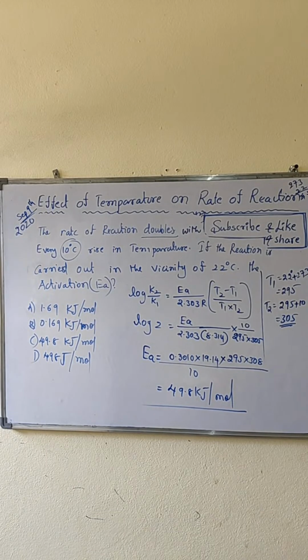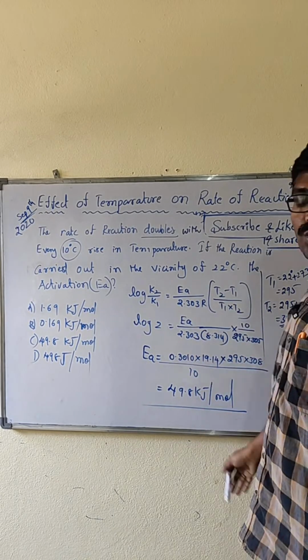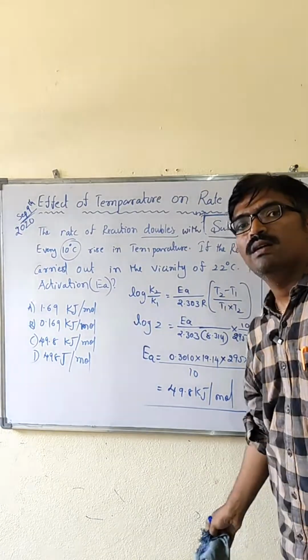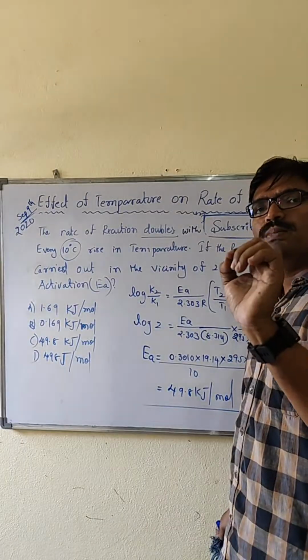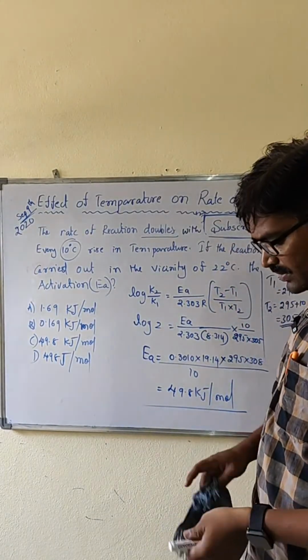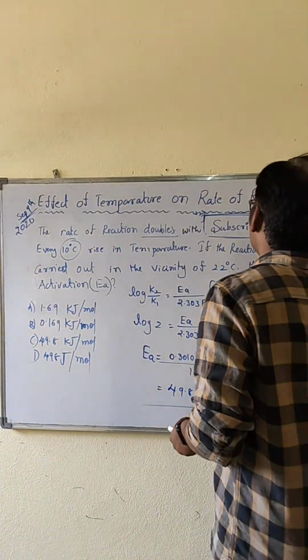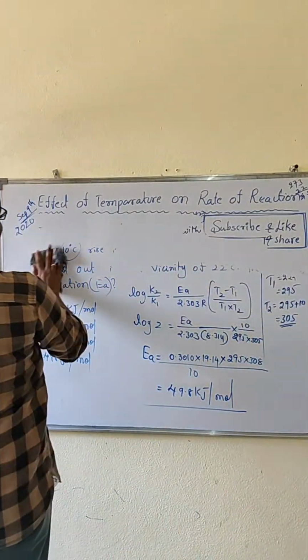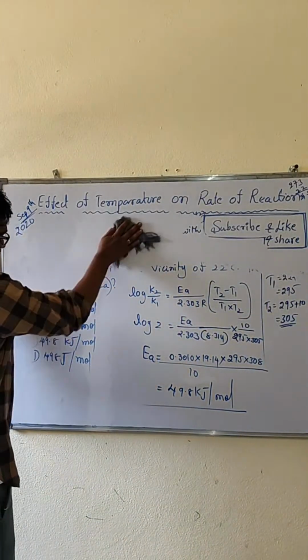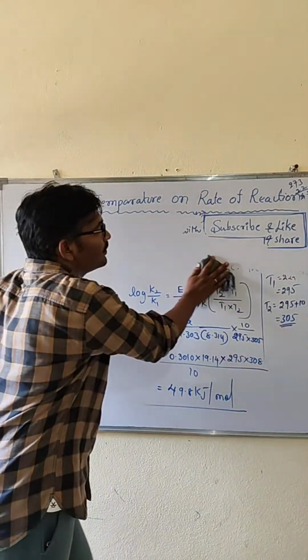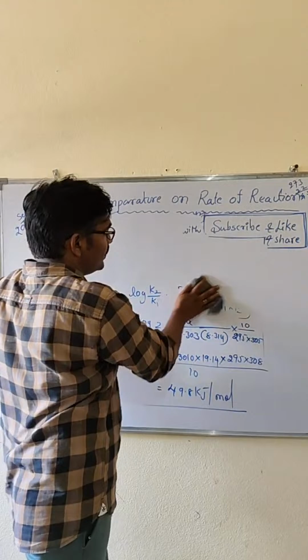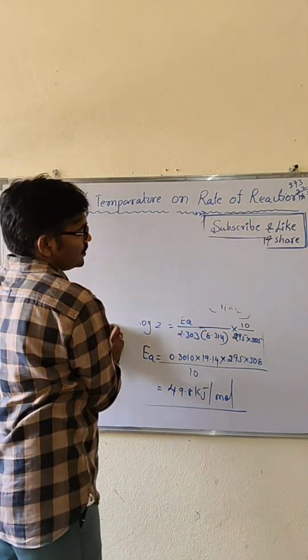All these are previous EAPCET questions, based on the topic of the effect of temperature on rate of reaction. There is one more factor based on activation energy. One more question is there; we will discuss that later, along with the remaining topics in the effect of temperature.